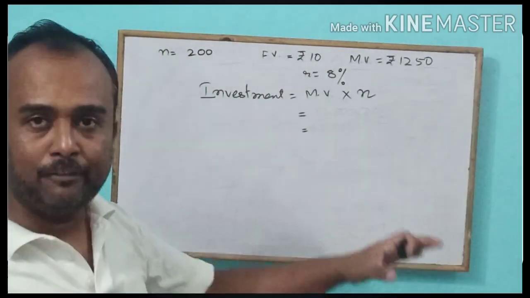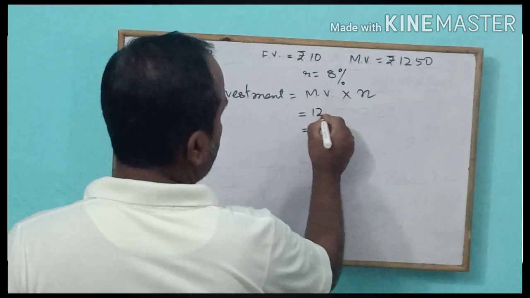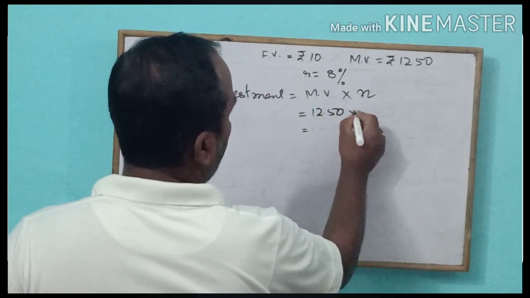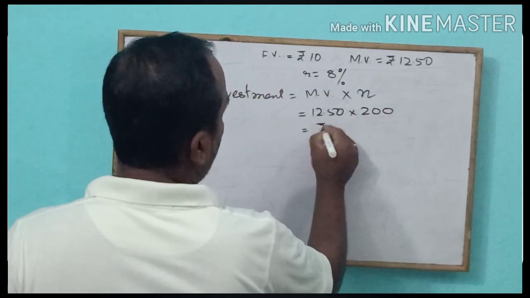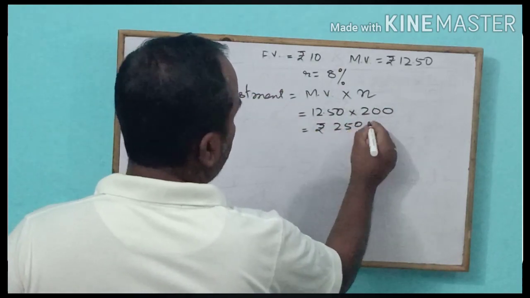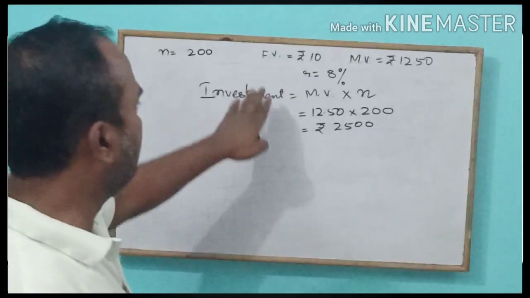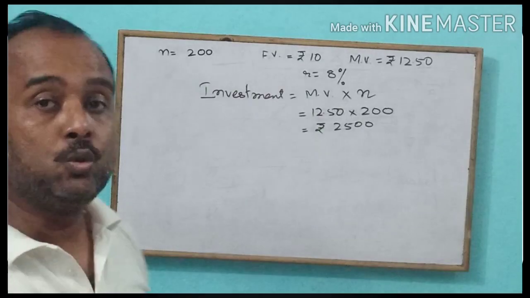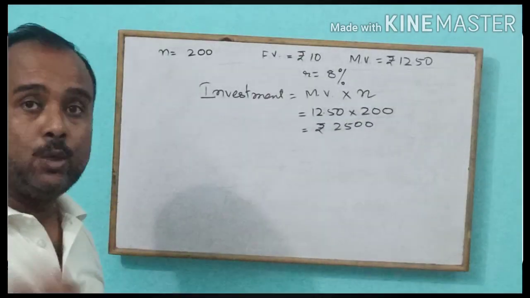So investment is market value into number of shares. Market value is ₹12.50 into number of shares 200. So this is ₹2,500. So he is supposed to pay 2,500 to get shares whose face value is 10 rupees and market value ₹12.50.